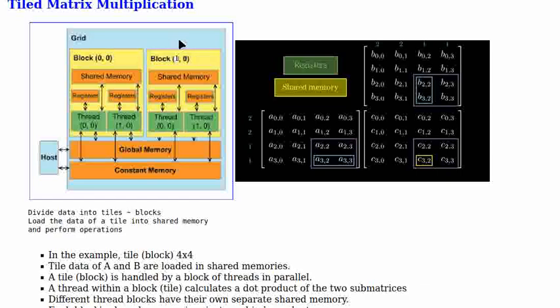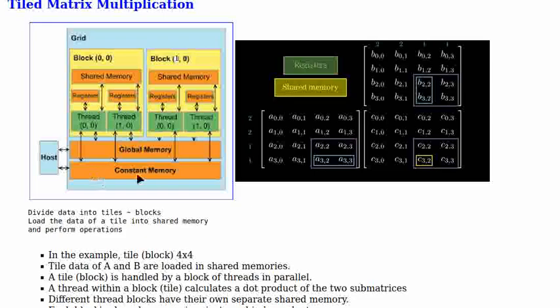The diagram here shows the memory structure of a GPU. So this is a grid. The grid consists of the different blocks. As you can see in this diagram, you have different kinds of memories: shared memory, registers, global memory, constant memory.